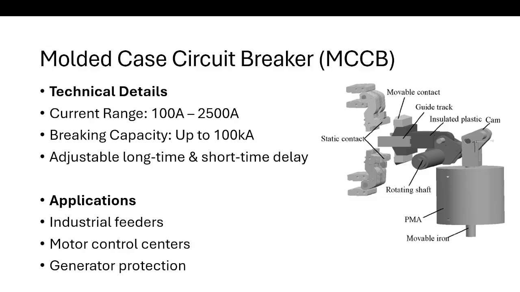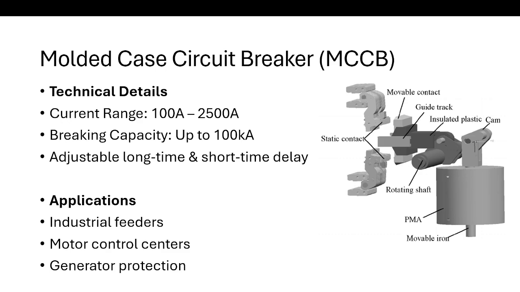The mechanical mechanism for thermal and magnetic is the same. In thermal, two different types of metals are used with different heating capacity. When the current increases, the metal heats up and opens the contacts.